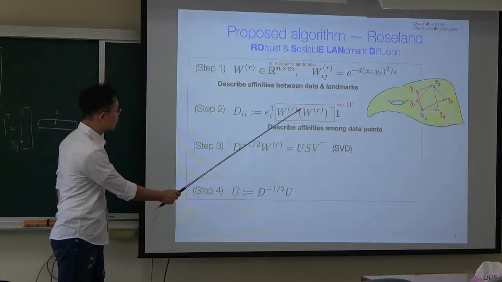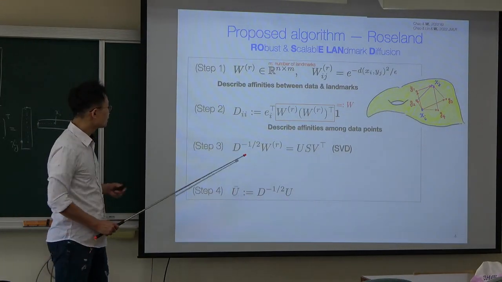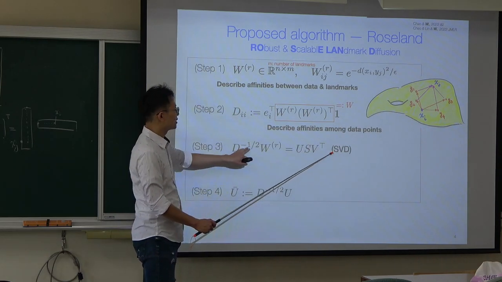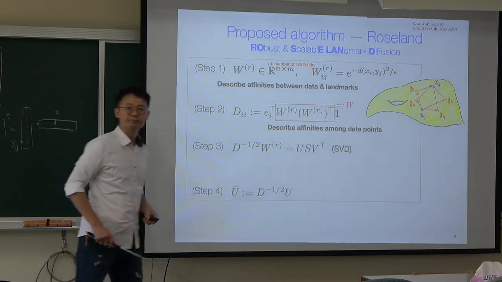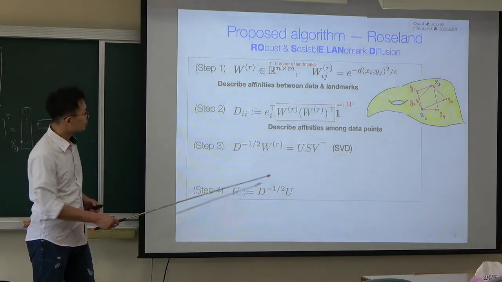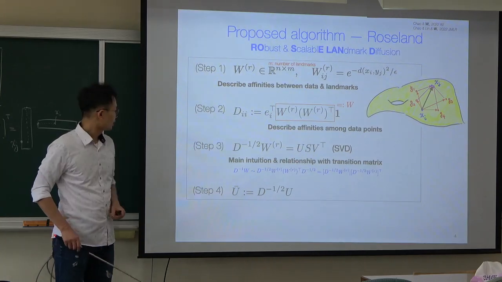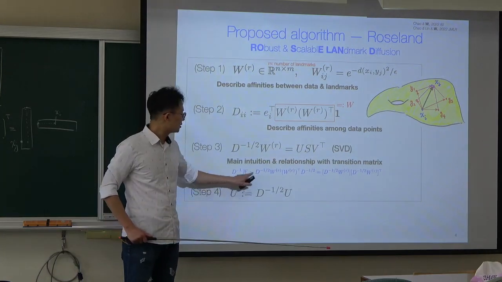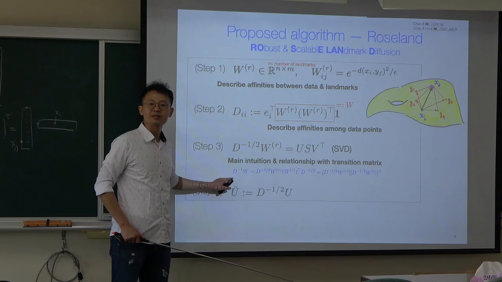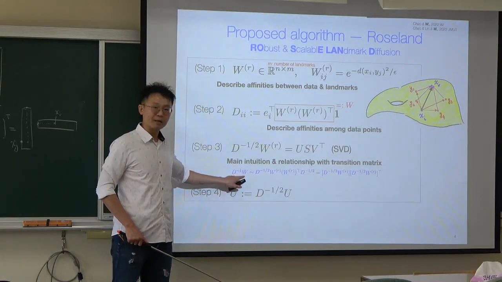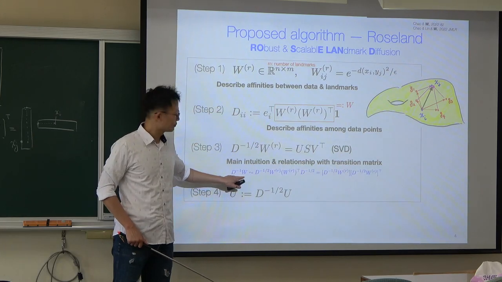Okay, and then what you do is you will run singular value decomposition of this D minus half WR matrix. And why do we want to do so? The reason is very simple. If you remember in diffusion map, what we did was evaluating the eigendecomposition of D inverse W, the transition matrix, right?